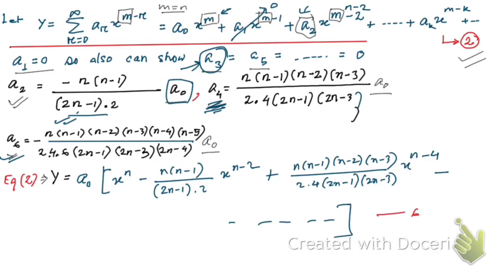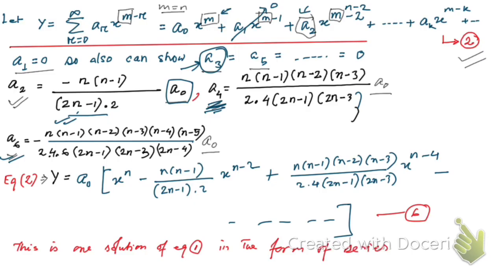So this is suppose equation number 6, and this is one solution of equation number 1, in the form of series of descending powers of x, right?